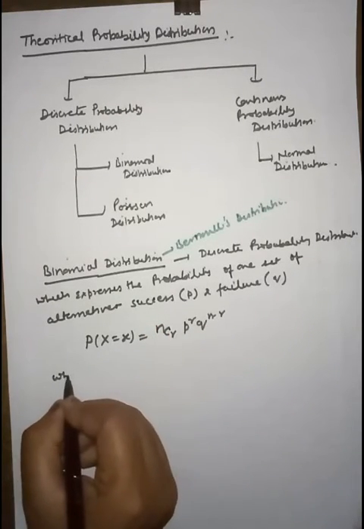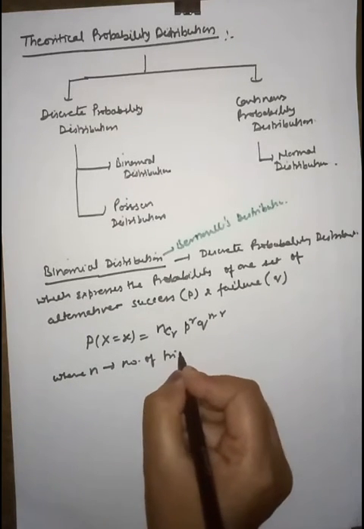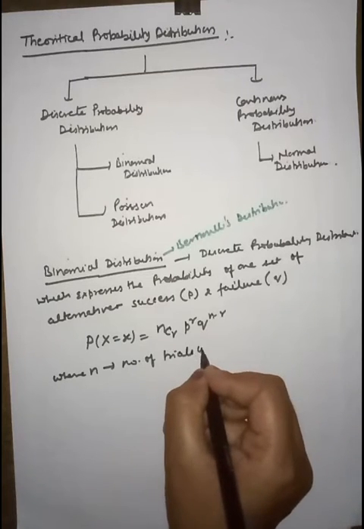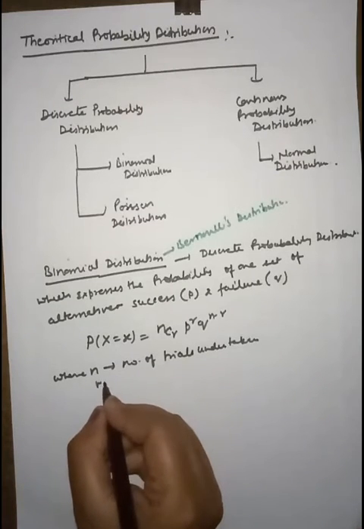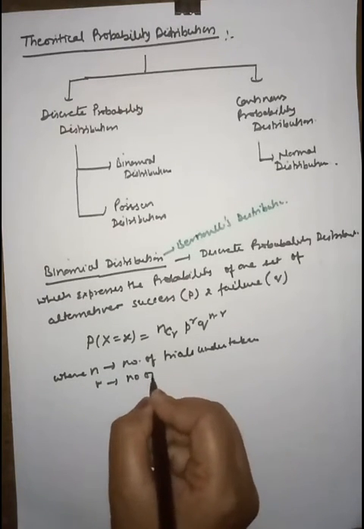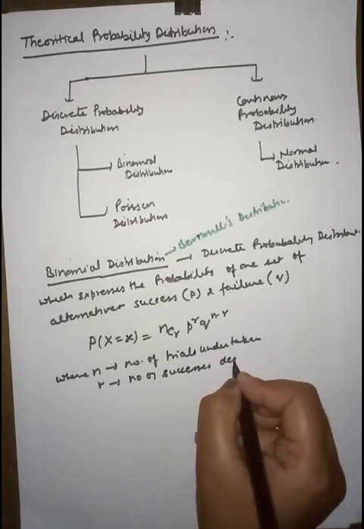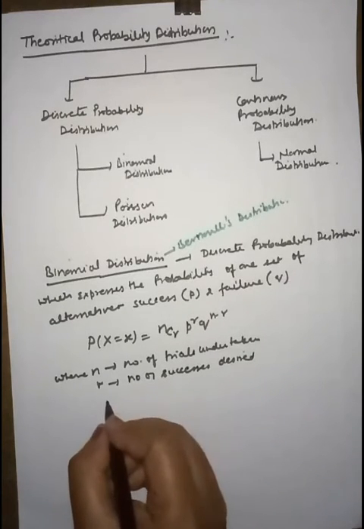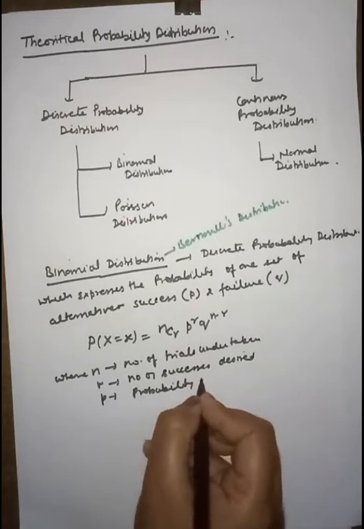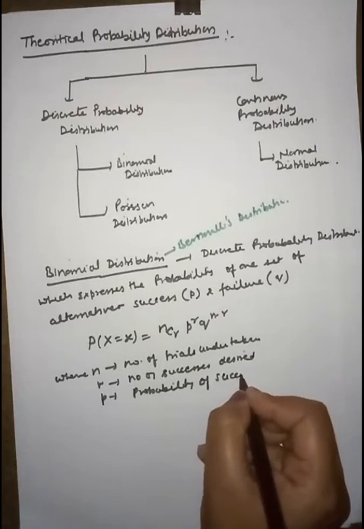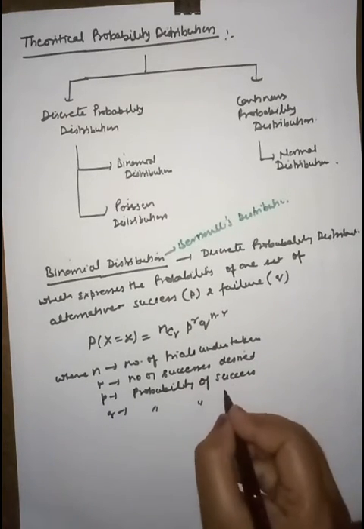Where small n shows the number of trials undertaken, r shows the number of successes desired, p shows the probability of success, and q shows the probability of failure.